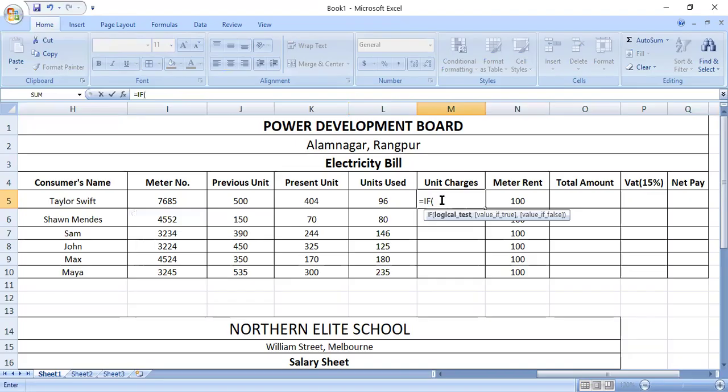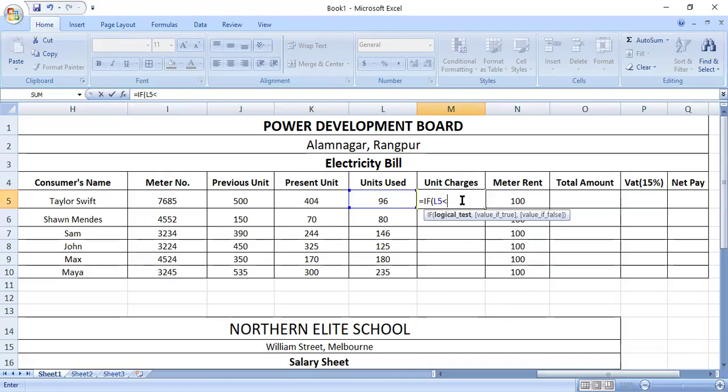At first we have to write IF, first bracket, units used, which is L5. If L5 is less than, suppose the highest number, the lowest is 80, 96.